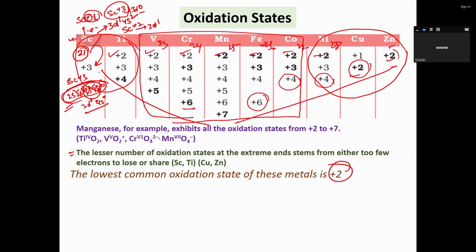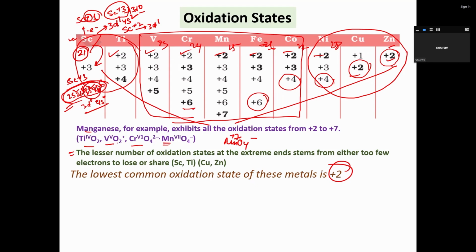So this is the 3d series. You can see that the left side and right side elements have the lowest number of oxidation states, but the 3d elements in the middle have a higher number of oxidation states. For example, manganese has the plus 7 oxidation state, as in MnO4 minus. Chromium has a plus 6 oxidation state, and vanadium has a plus 5 oxidation state.